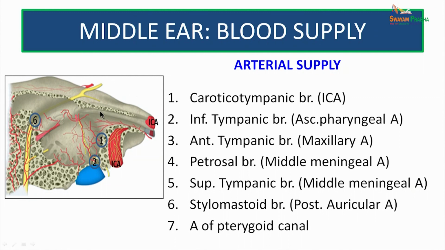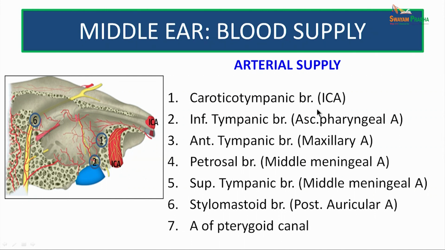If you look at the blood supply of the middle ear, there are extreme ramifications coming up from different branches. 6 to 7 arteries supply the whole of the middle ear.